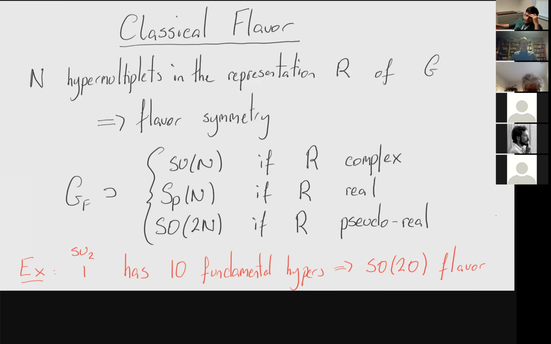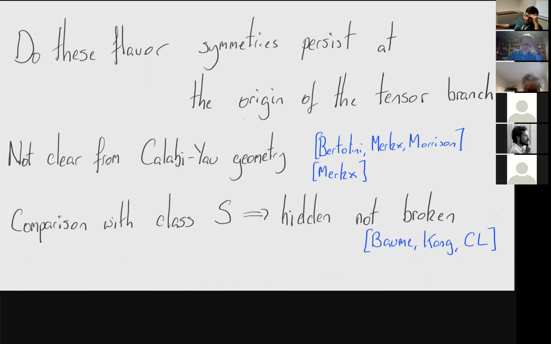But maybe that's worrisome. Maybe you're worried, do these flavor symmetries really persist at the origin of the tensor branch? Are they really flavor symmetries of the superconformal field theory, or are they flavor symmetries of the theory on the tensor branch that get broken as you go to the origin?